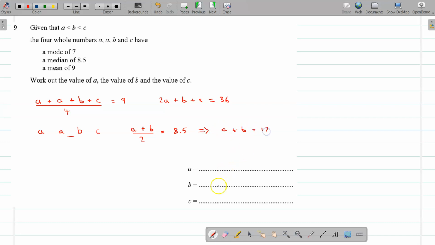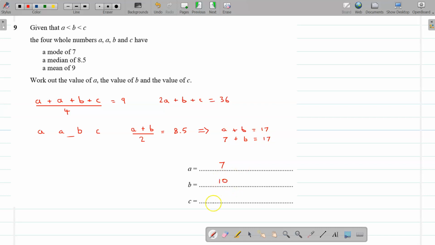And then I've got a third piece of information. The mode is 7. Well, the mode is the most common, which is A. So I now know that A is 7. If I go up to here, I can replace that A with 7 and add B to it to get 17, and from that I know that B is 10.